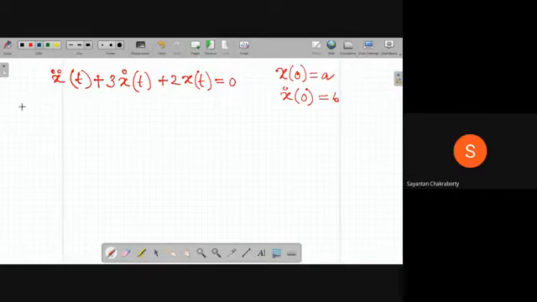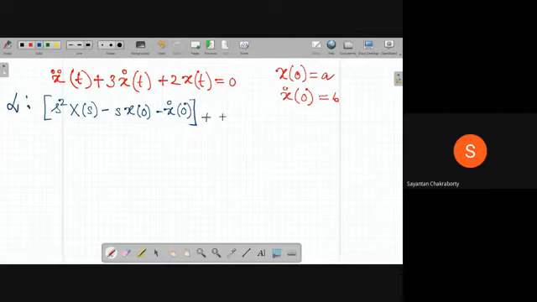So simultaneously, I'll also try and solve it, taking the Laplace transform. What you'll get: s squared X(s) minus s x(0) minus x dash 0, plus 3 into sX(s) minus x(0), equals 0.